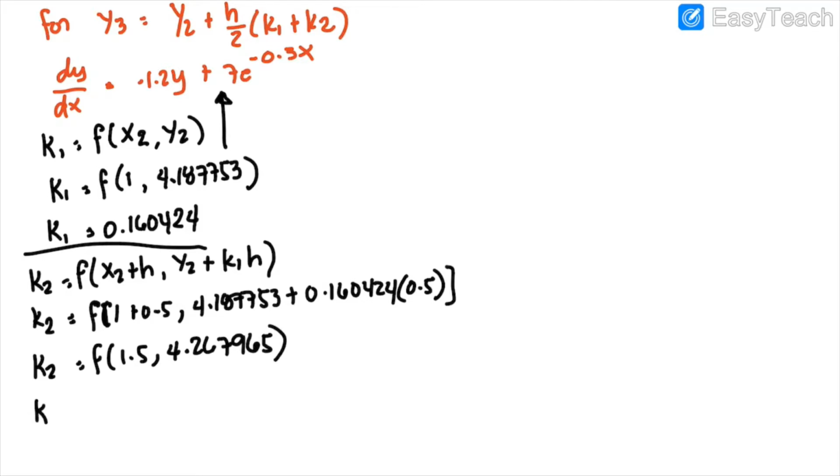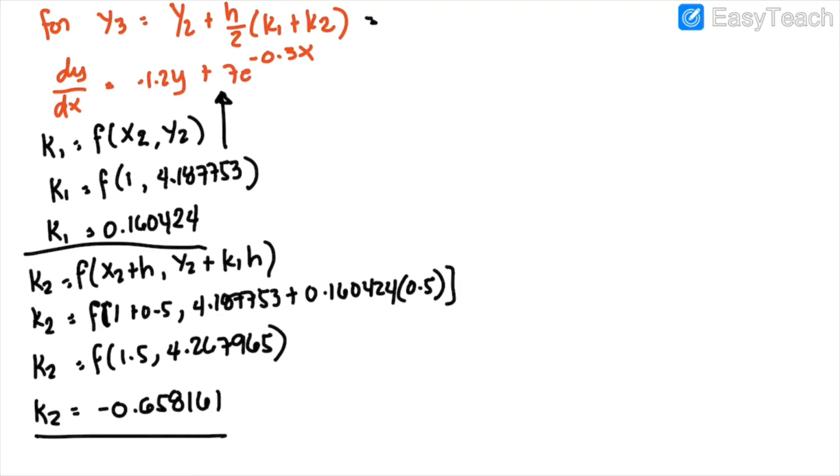Substitute that again to your equation, gives us k2 equal now to negative 0.658161. So by doing so, we can simply substitute that to our equation for y3.